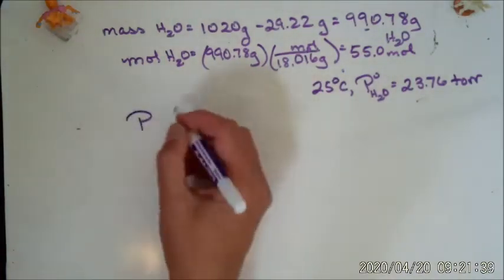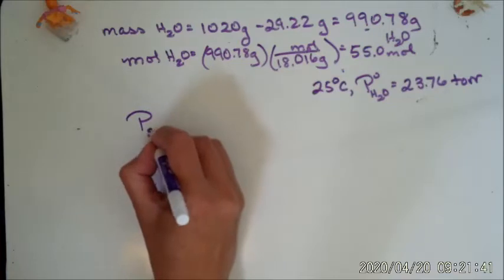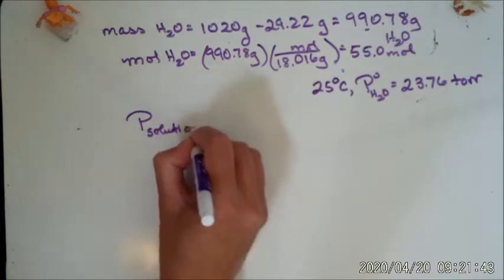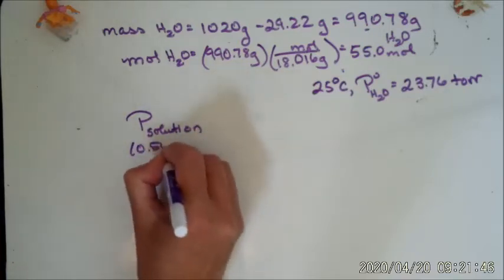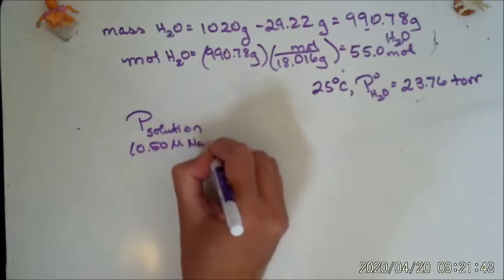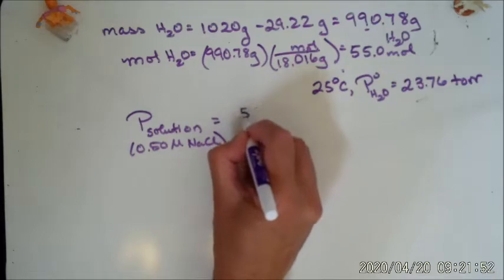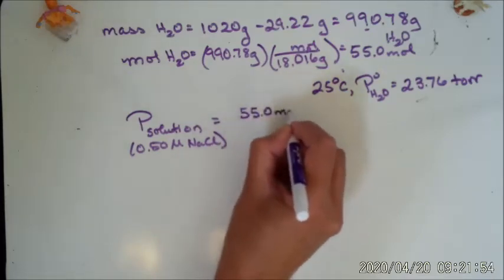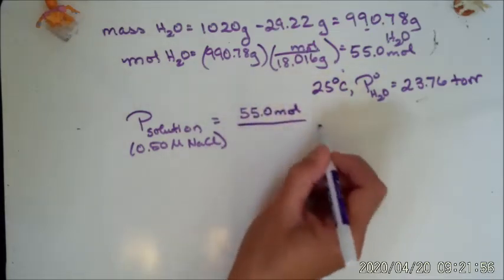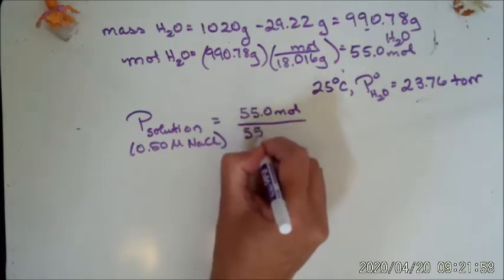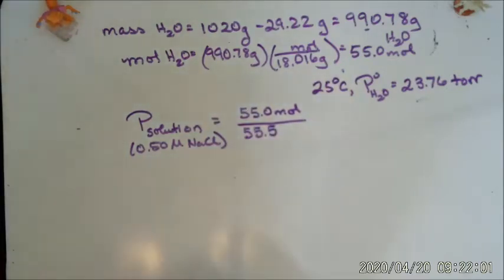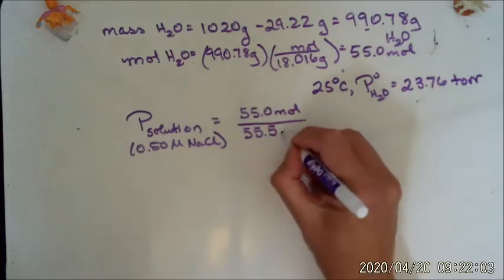Okay, so the pressure of my solution, which is 0.50 molar sodium chloride solution, is equal to, we have 55 moles of water, that's my solvent, divided by 55.5, because I'm adding my solute to it, that's my total moles.